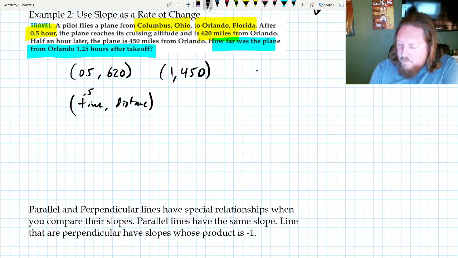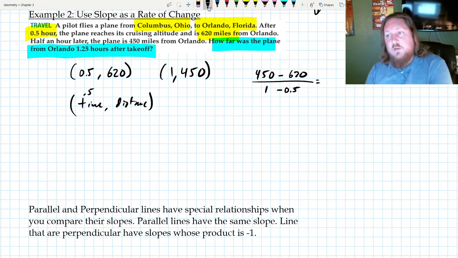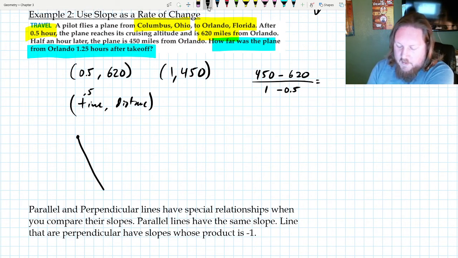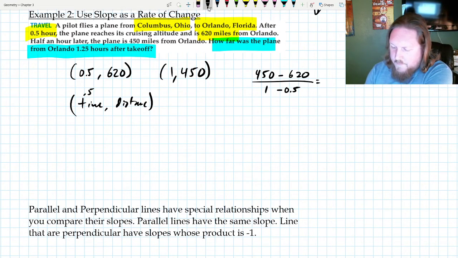So 450 minus 620 over 1 minus 0.5. So here it's a negative slope, it seems like, which makes sense because if you start off in Columbus, Ohio, and are heading to Florida, that should be a negative line there, but let's keep going.